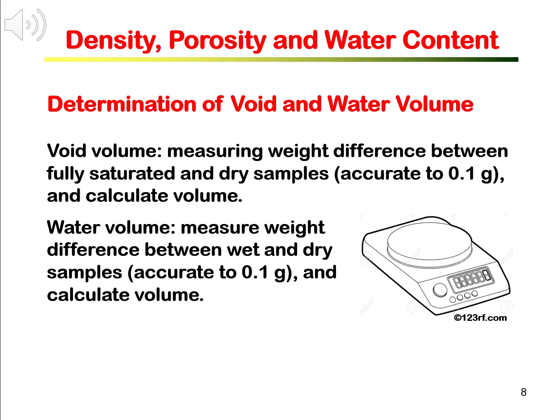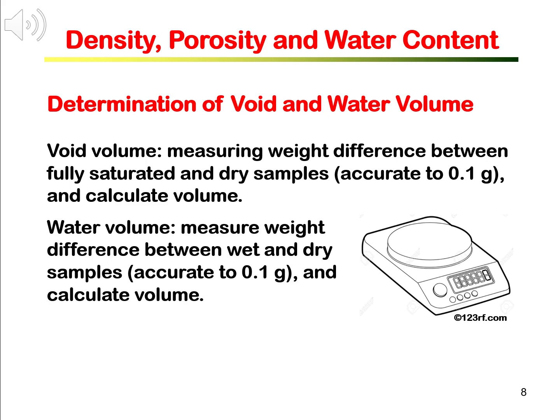The difference in the masses between fully saturated and dry samples is the mass of water in the void. Again, divided by the water density, we can obtain the volume of the water fully occupying the void. And hence, it is the volume of the void.